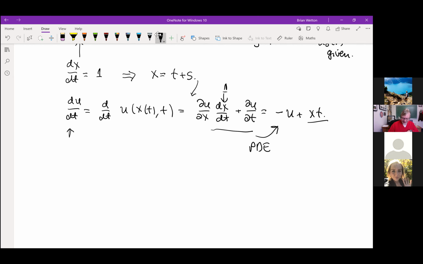So I want to write this thing in terms of s. So I want to write that as du by dt is minus u plus t plus s times t, and this is along characteristics.